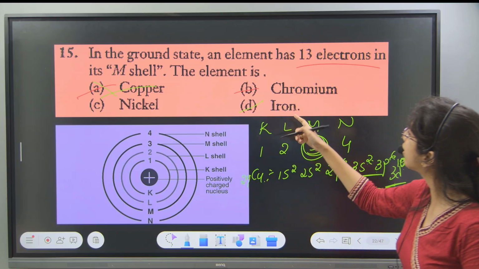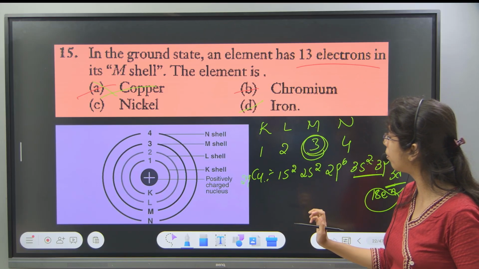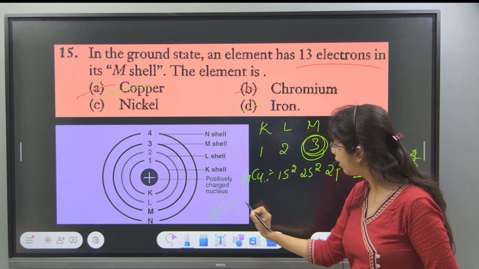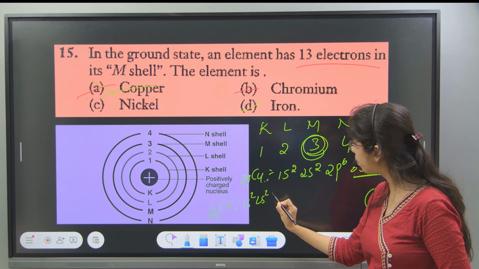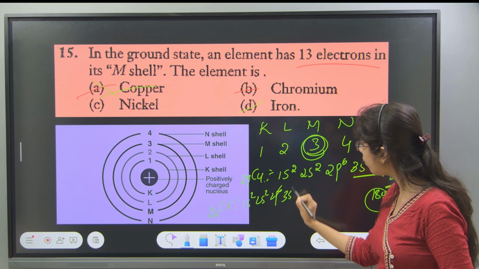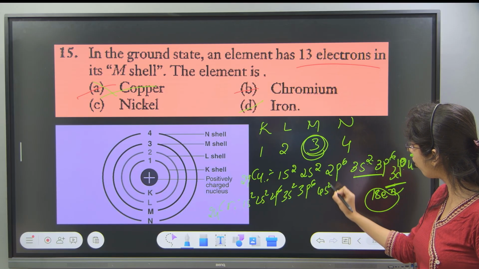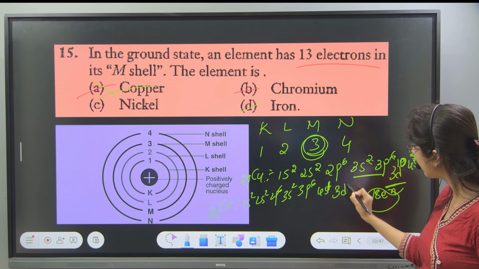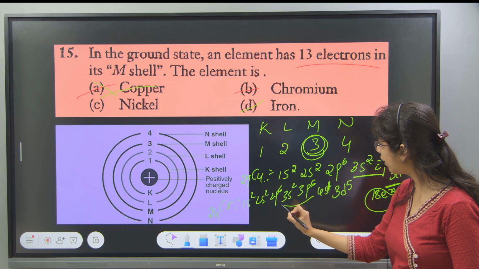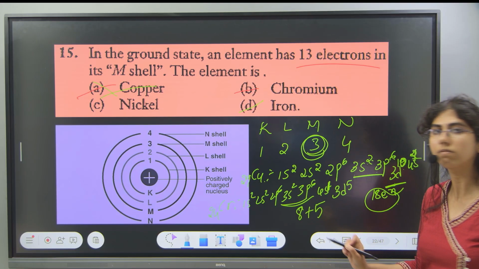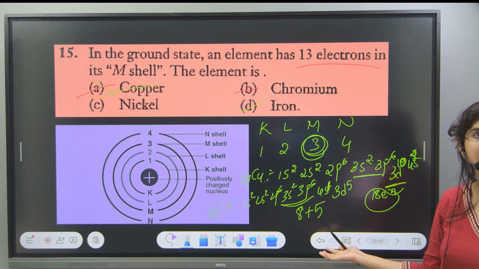Let us take chromium. One of your answers is chromium. Chromium is 24, so it is 1s2, 2s2, 2p6, 3s2, 3p6, 4s2, or 4s1, 3d5. Here it will be 6 plus 2, 8, 8 plus 5, 13.